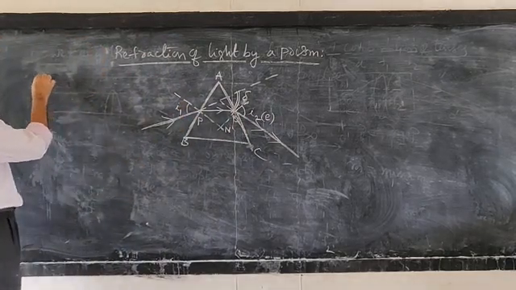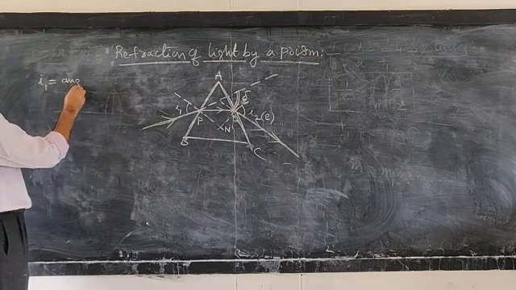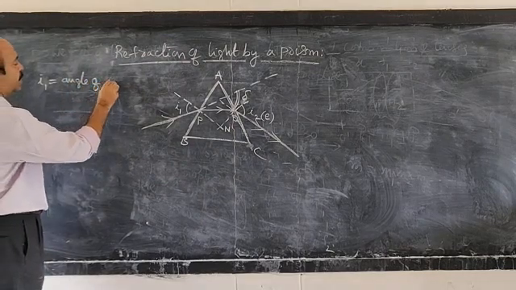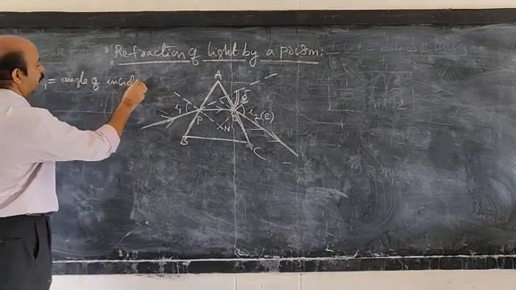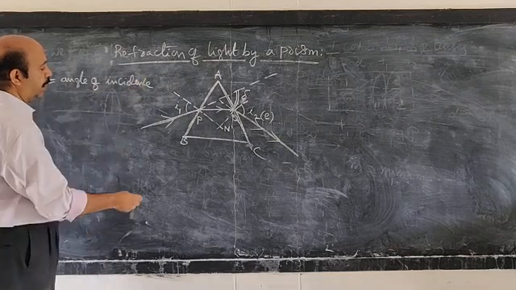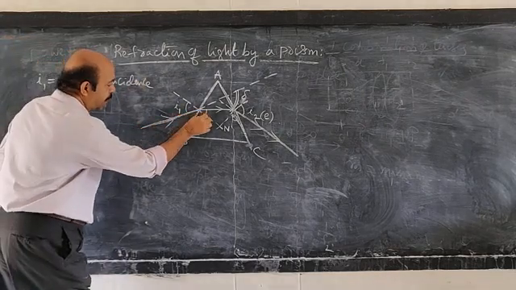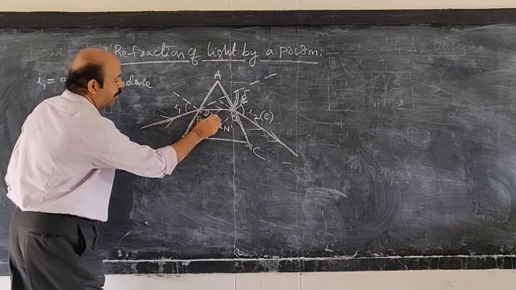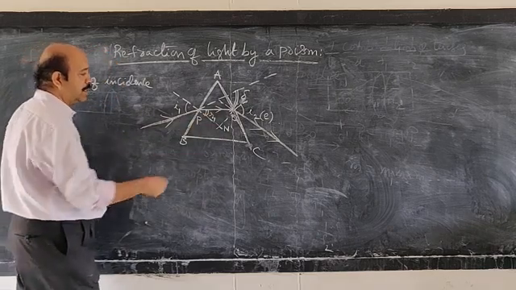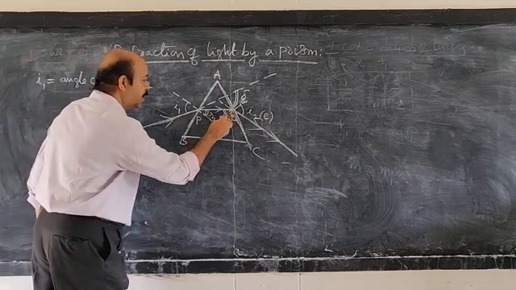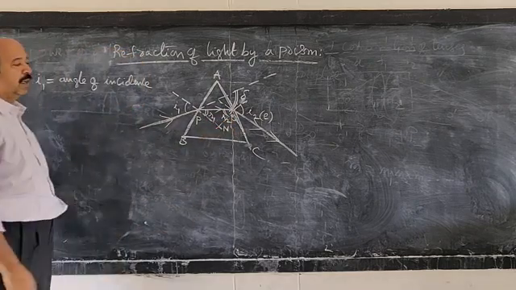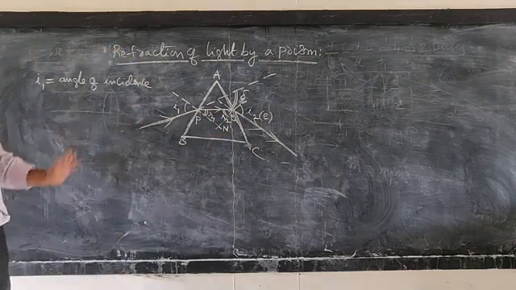So I1 is the angle of incidence, and here this angle is the angle of refraction R1 inside the prism, and let us consider this as R2, the angle of incidence inside the prism.